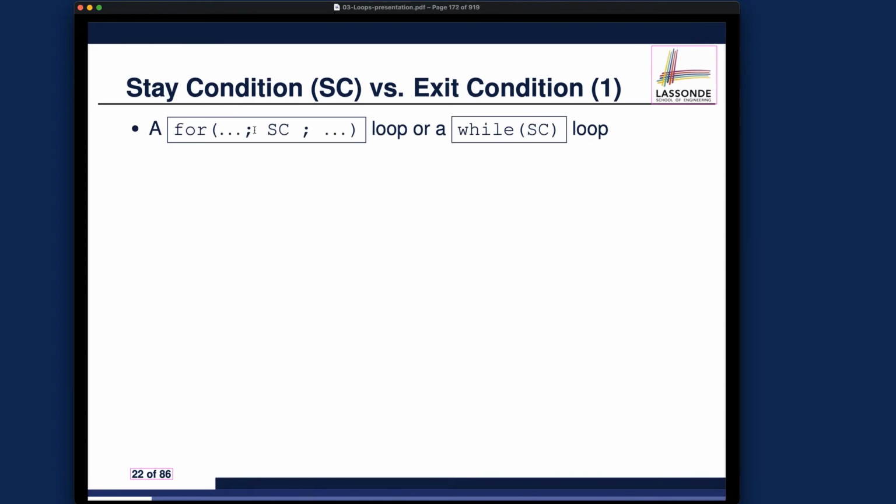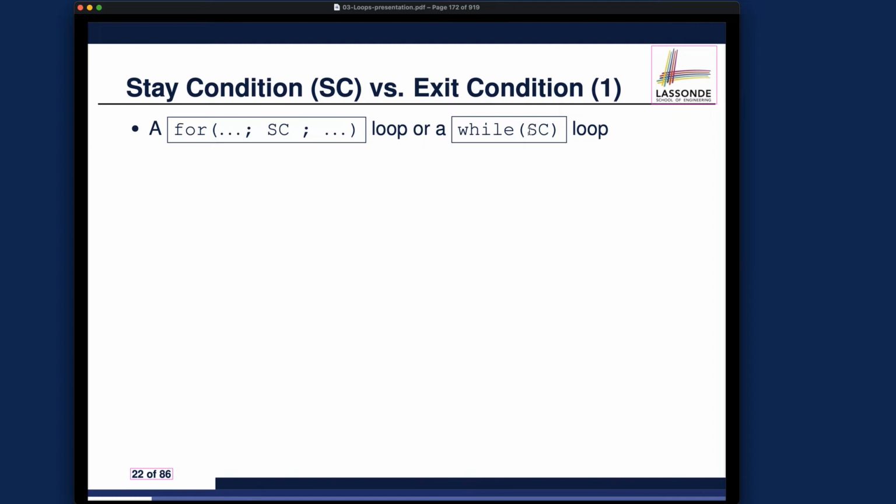Let's first of all review the syntax for the loops that we spoke about last week. You can see the for loop, we actually got three parts separated by two semicolons, and the middle part is SC, standing for state condition. It can be any Boolean condition that will evaluate to either true or false. Similarly, for the while loop, there's only one part you have to specify, which will be just a Boolean condition as the state condition.